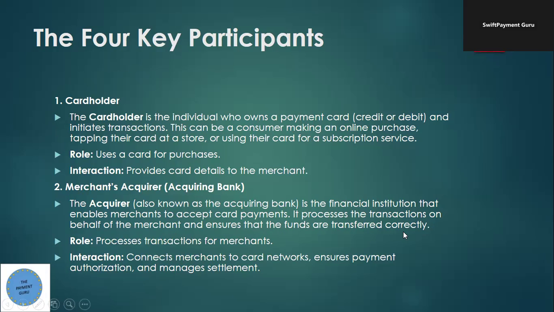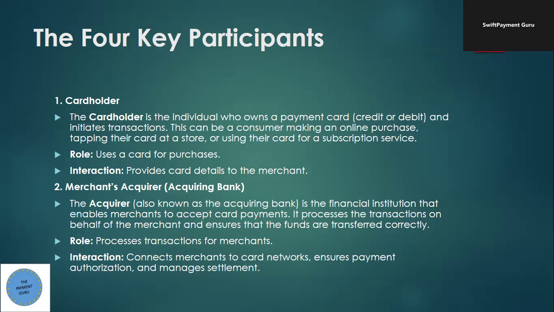So once the tapping is done on the POS machine of the shopkeeper, then the payment amount via that POS machine, after tapping the card, should get reflected in the account of the shopkeeper. The role of the merchant's acquirer is to process the transaction on behalf of the merchants. I, being a shopkeeper, am the merchant, right?